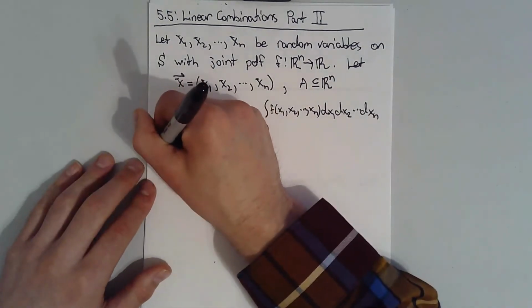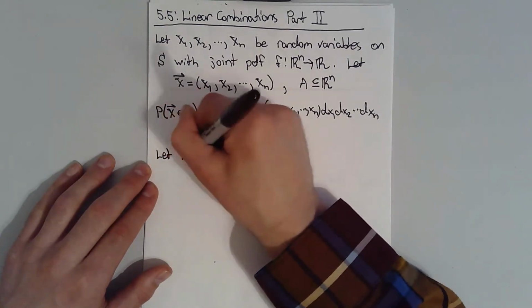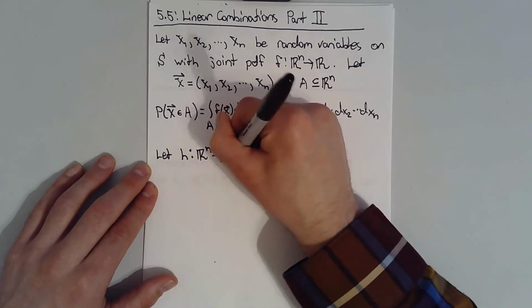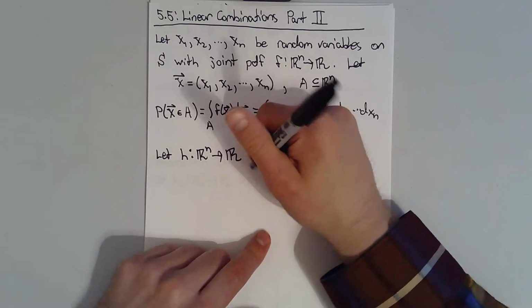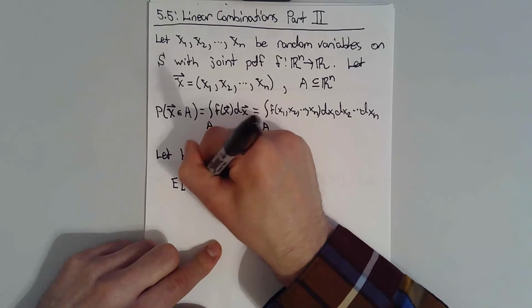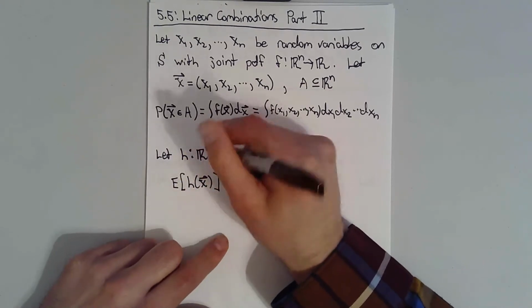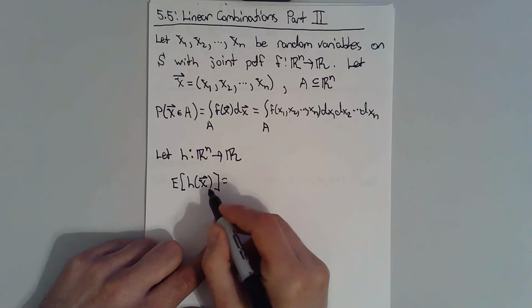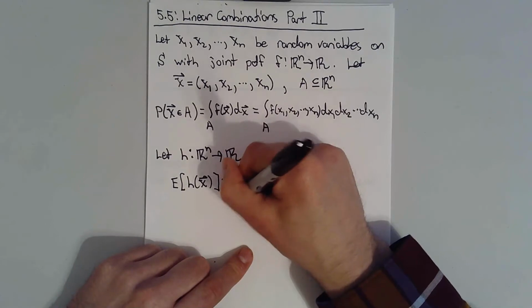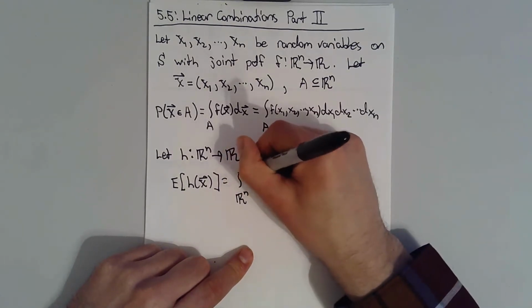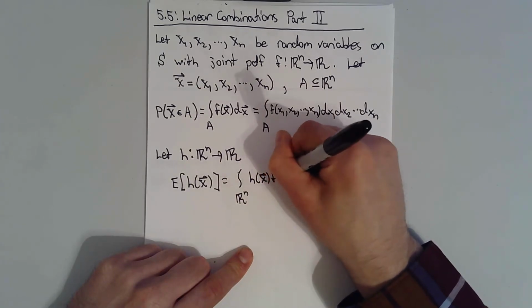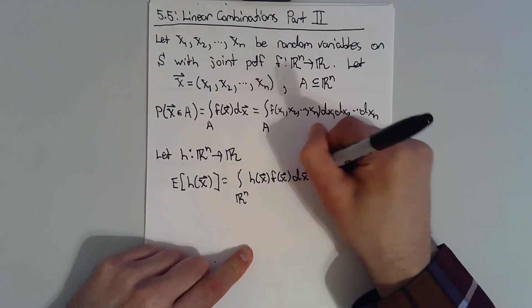Similarly, if we let h be any integrable function going from Rn into R, then the expectation of h of X, this defines a new random variable, we define to be the following integral, just like so.